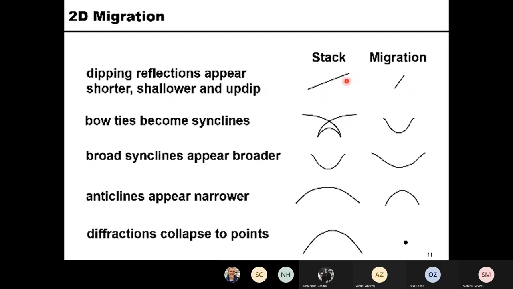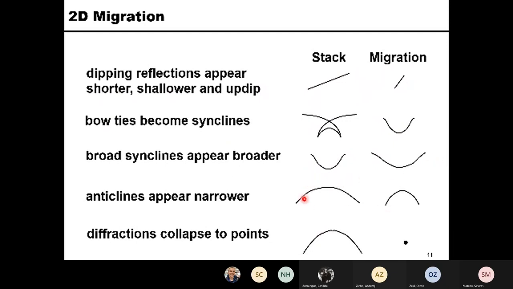That's for the straight reflector. For a bow tie in the stack section, in your zero offset section, after migration it becomes a nice syncline. For a narrower syncline, after migration it becomes also a syncline, but much wider, much broader.